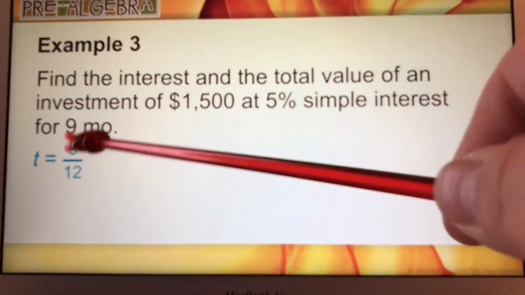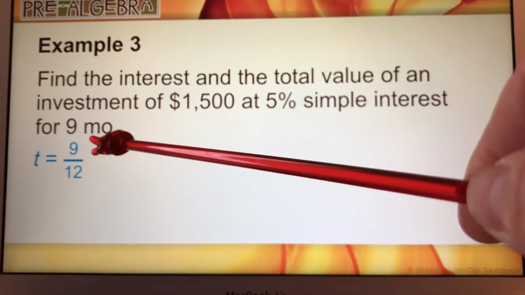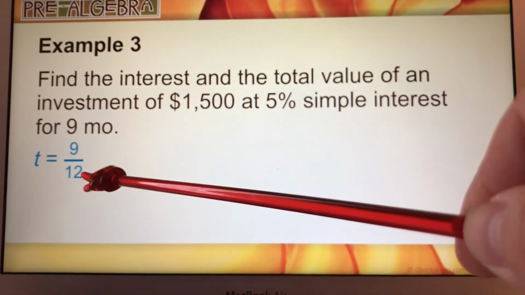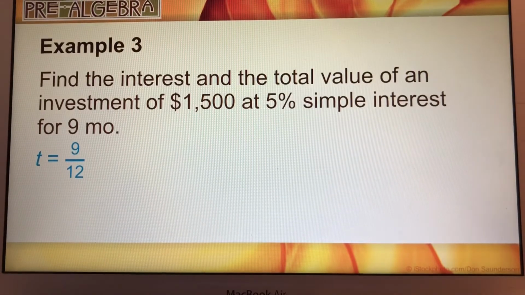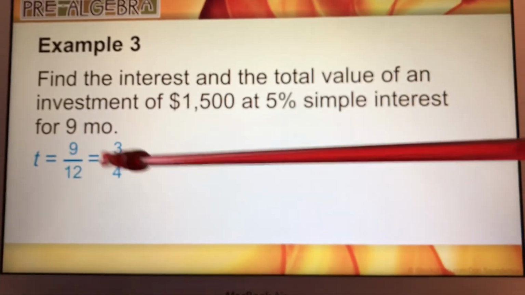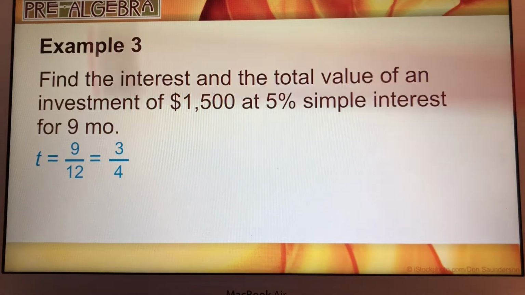The time is 9 months, right? Now we have to write that as a fraction of a year. So 9 months out of 12 months is going to give us 3/4 of a year. Our time must be expressed in terms of a year or a fraction of a year.